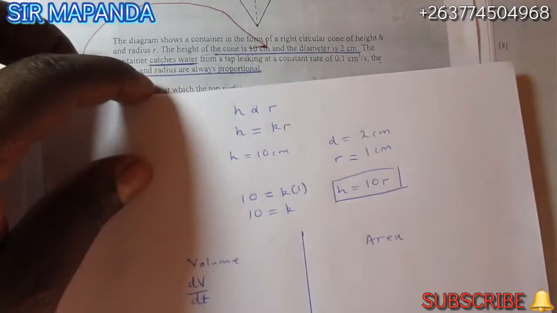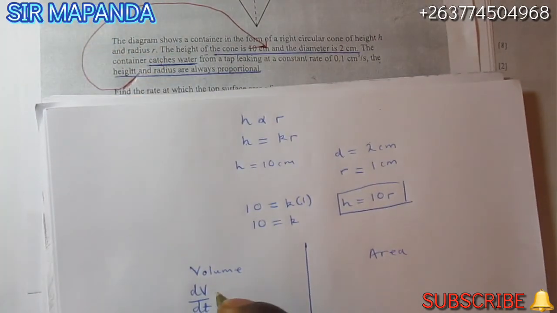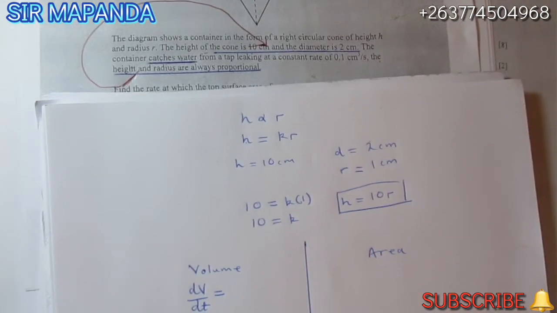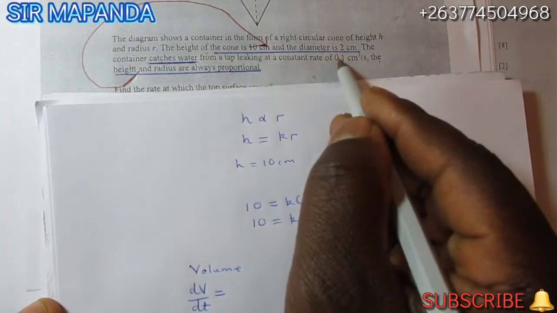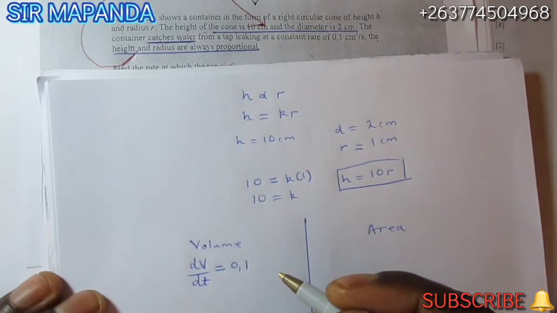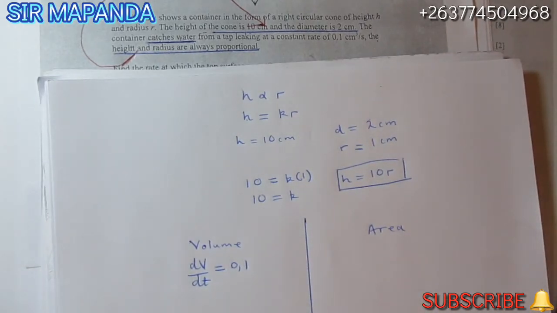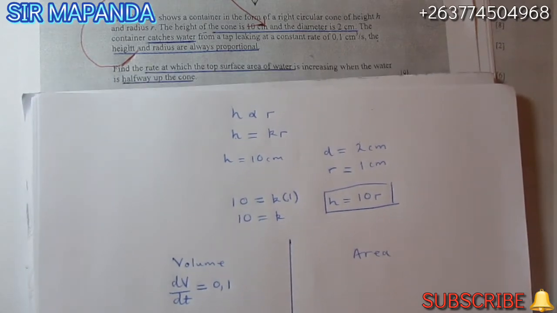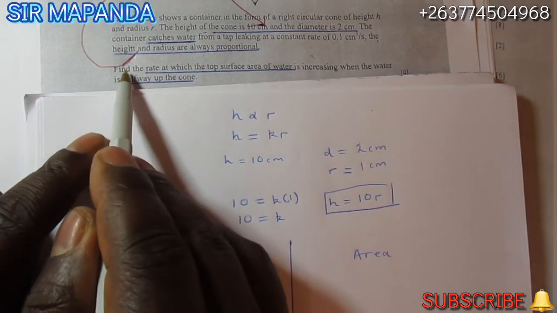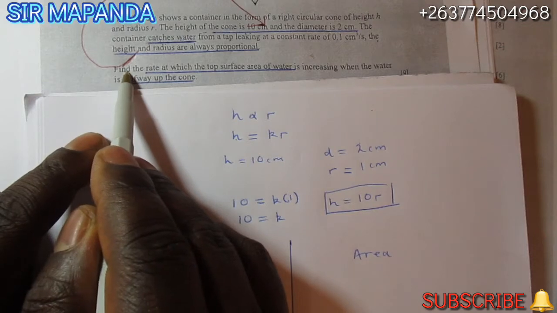I hope you are getting me, class, right? So, the rate at which the tap is leaking is as good as the rate at which the water is entering the cone. So, if the tap is leaking at 0.1, it means the cone is also receiving at 0.1. Take note of that. Right. Then another differential coefficient is going to be generated from the question itself.